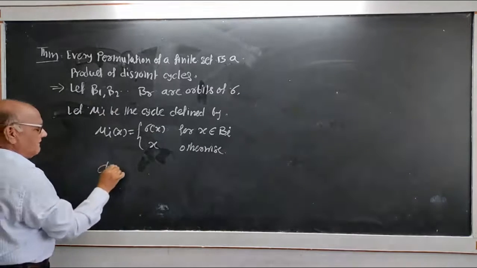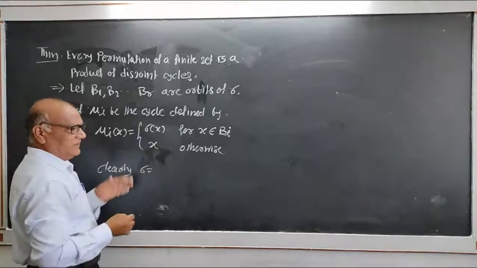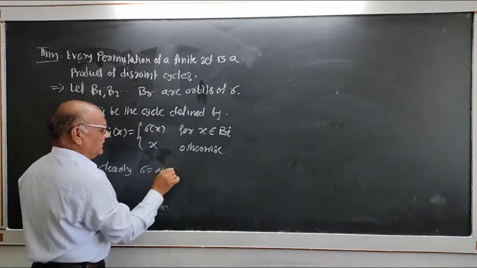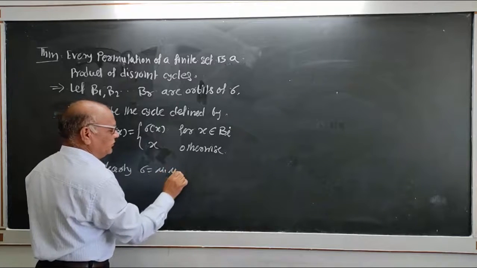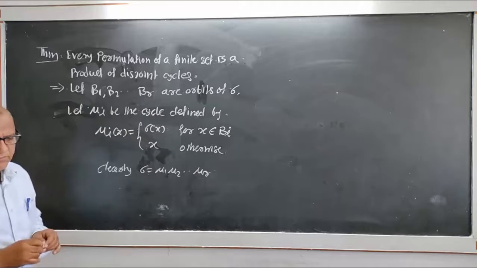Clearly, sigma can be written as mu1, mu2, ..., mu r, that means each orbit converts into a cycle.